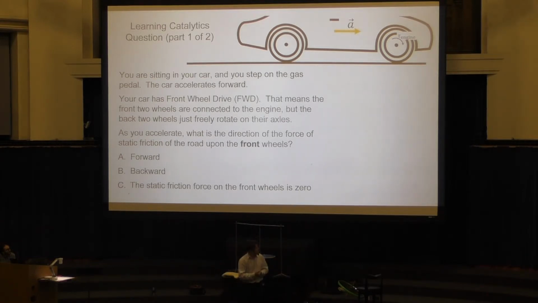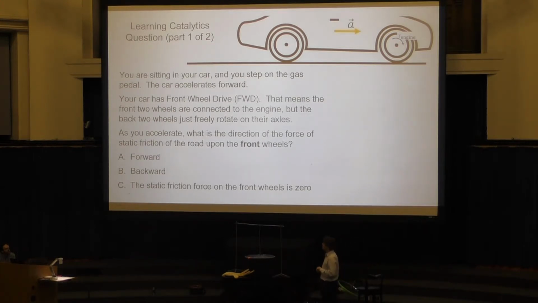So the question I want to ask, and should be on your Learning Catalytics screen right now, is this. So remember last time we said that there's this external force of static friction which is somehow driving this car. So you step on the gas, and I believe the function of the engine is to create a torque on your front two wheels.